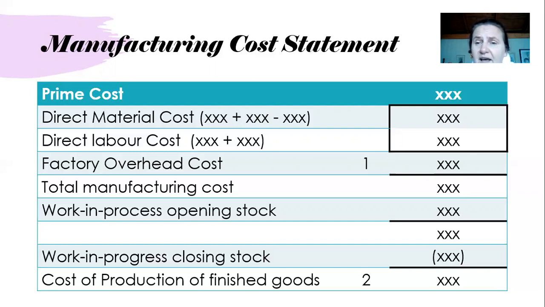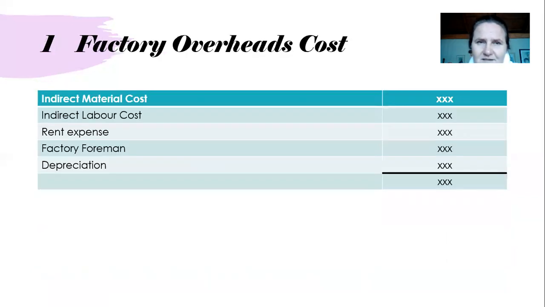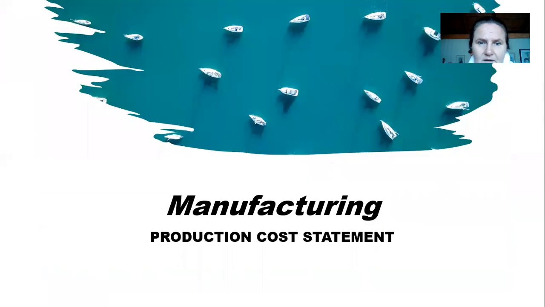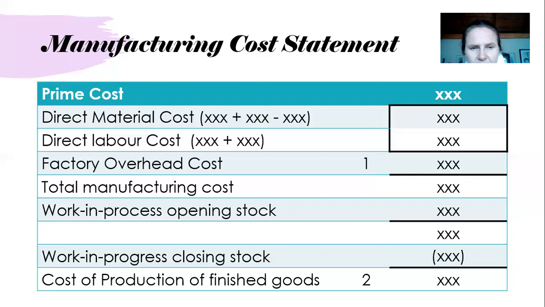So that adds together to give you your prime cost. From prime cost, we're going to add factory overhead. It's got a note, and the format's the same as the factory overhead ledger. Those three added together give you, just like your work in progress figure, the total amount of money spent this year on the direct cost of manufacturing.